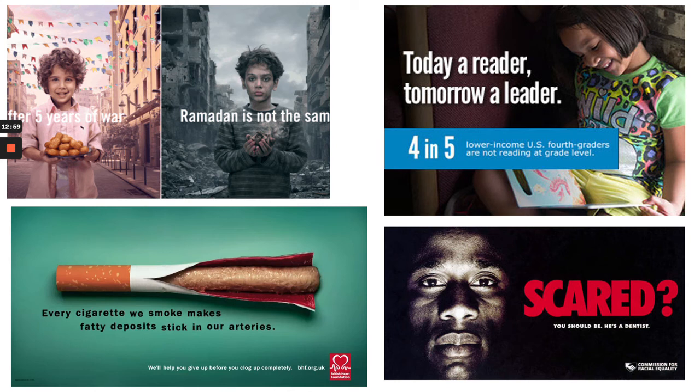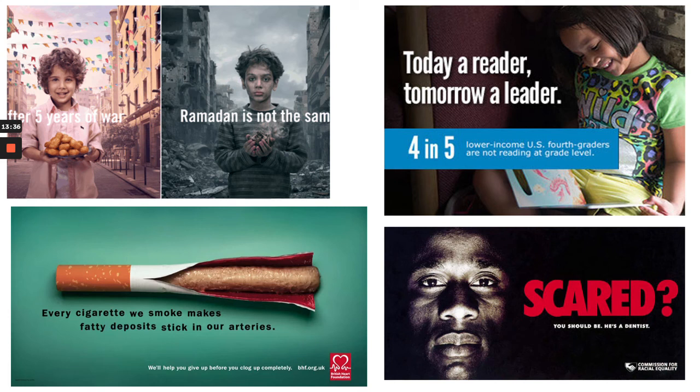Bottom left here, we've got a cigarette from a Stop Smoking campaign, which talks about how every cigarette you are smoking makes those horrible changes to your body. And we've got this really disgusting image, which the campaign uses on purpose to try and get people to give up smoking, because we all know smoking is very bad for us. Finally, in the bottom right, we have a very creative poster that tackles the problem of racism, because you have a black man there and it says scared, and then underneath it says you should be, he's a dentist.